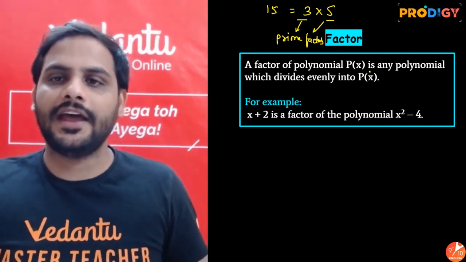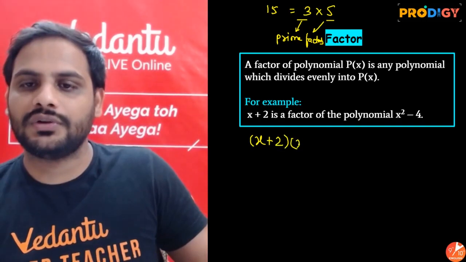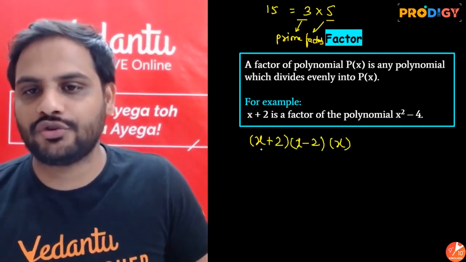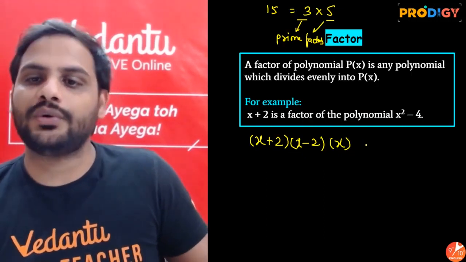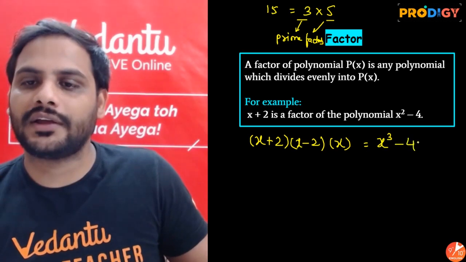Similarly, if I have a polynomial which is made by multiplication of, let's say, x plus 2 into x minus 2 into x, if you multiply x plus 2 into x minus 2 into x, you will be getting x cube minus 4x.